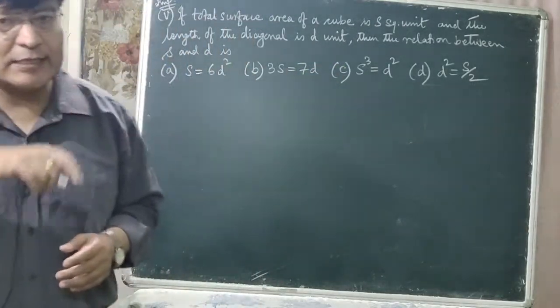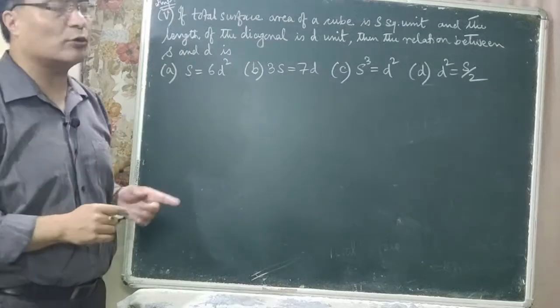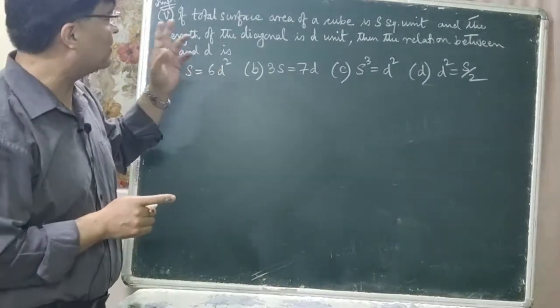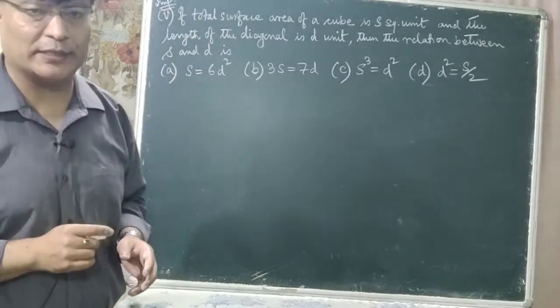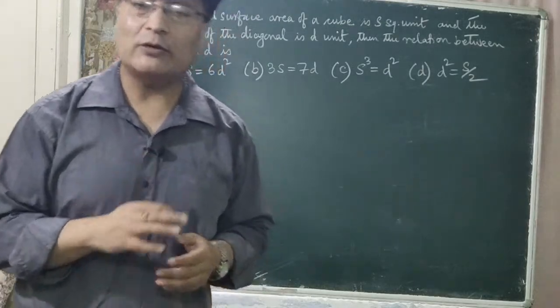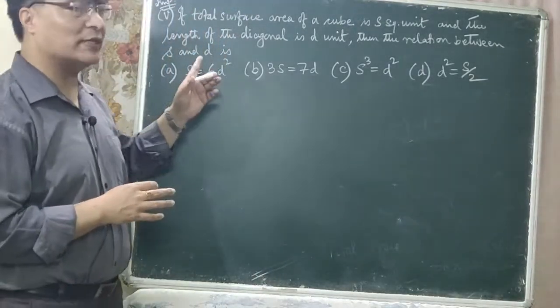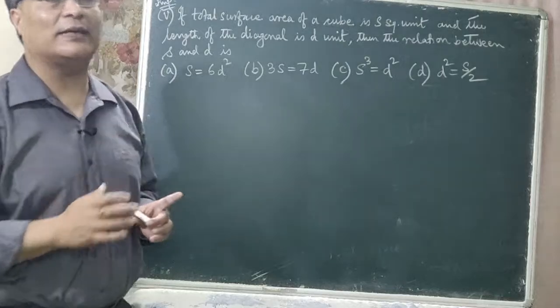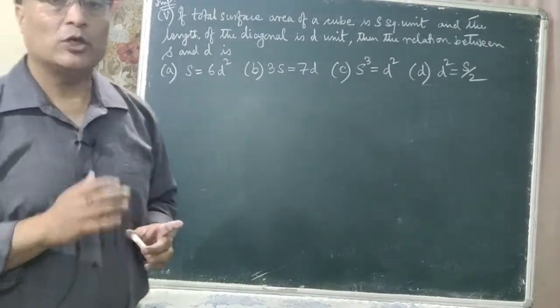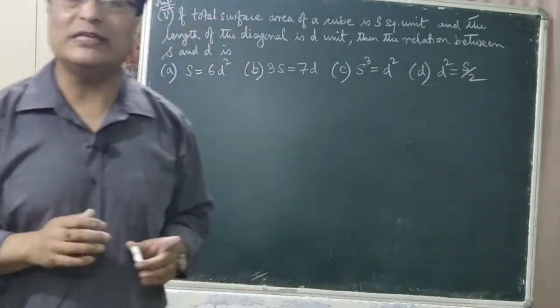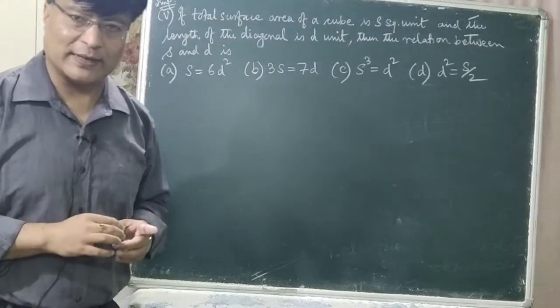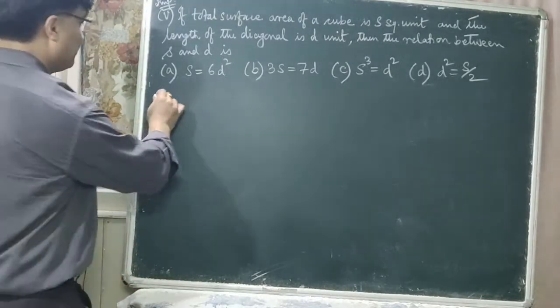Okay, so in this case you should know the formula of total surface area of a cube and the length of the diagonal, you should know it. So in order to write down the formula for these two, you should know the length of each edge of the cube, right? So let us assume it.